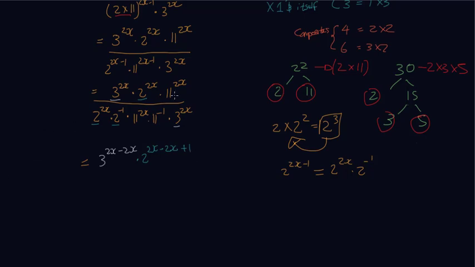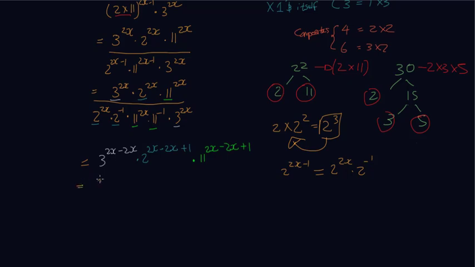Then base 11: times 11 to the 2x, which in the denominator becomes minus 2x, and the negative 1 becomes positive 1.